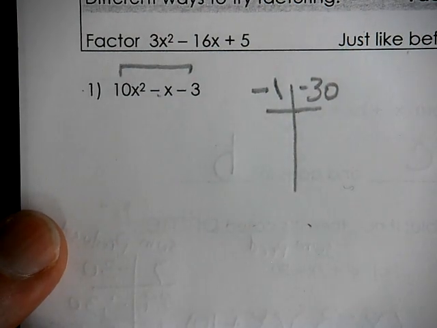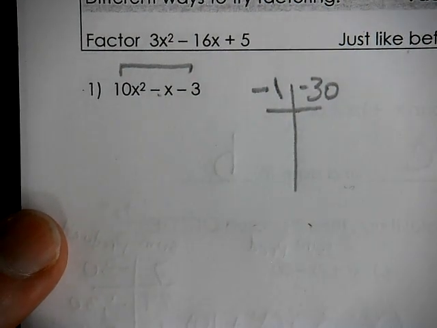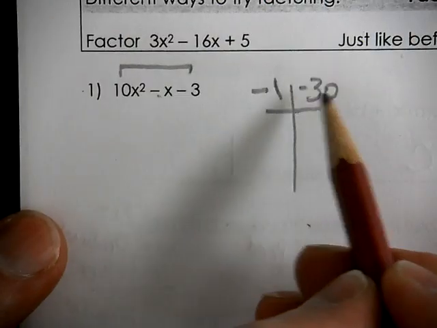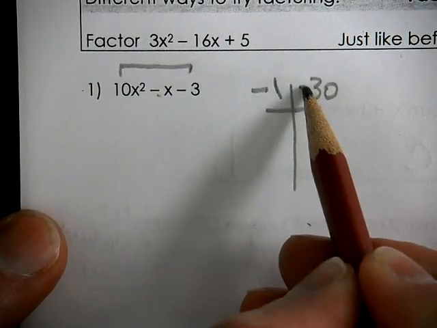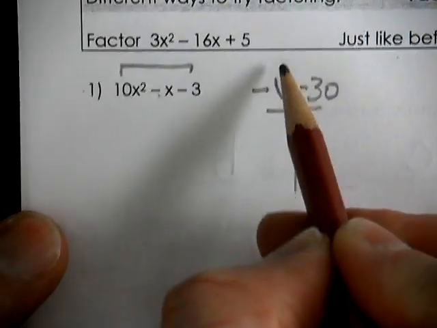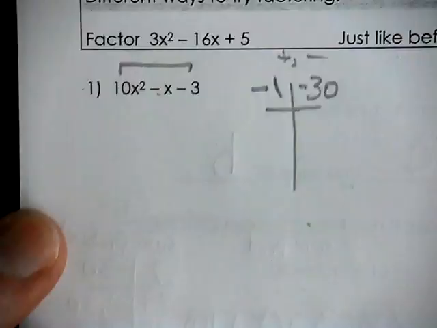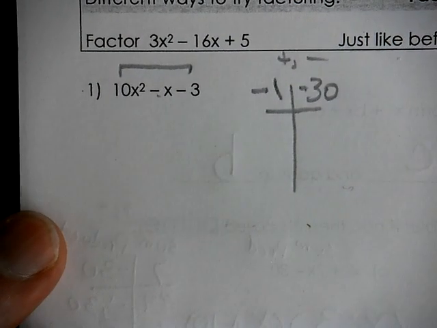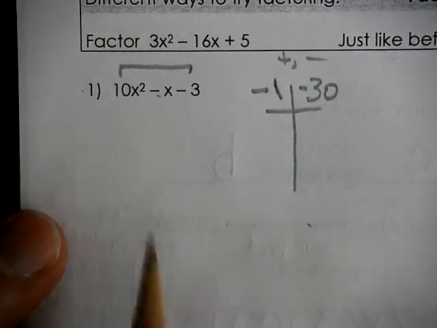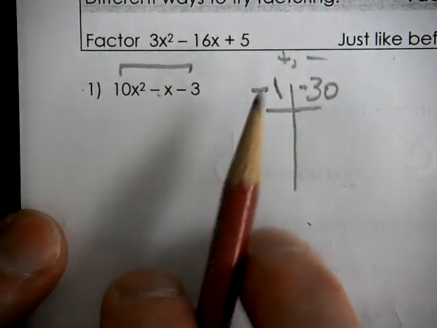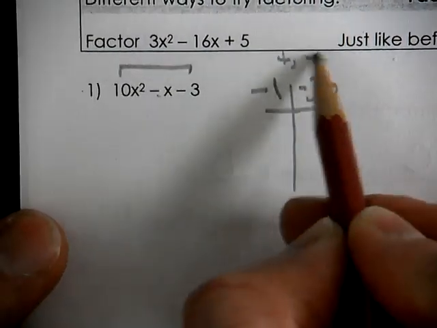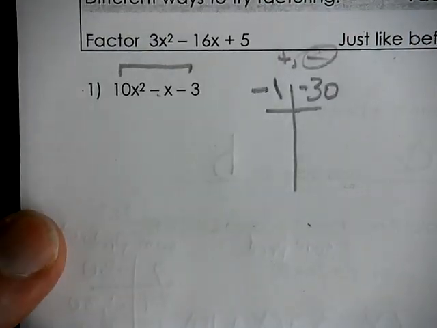But let's just say for a moment, I get confused with my numbers, so let's think about this. What multiplies to be a negative? We know the signs have to be different. To multiply to be a negative, you have to have different signs. And to add to be a negative, you know your larger number has to be negative. We're going to do that every time.